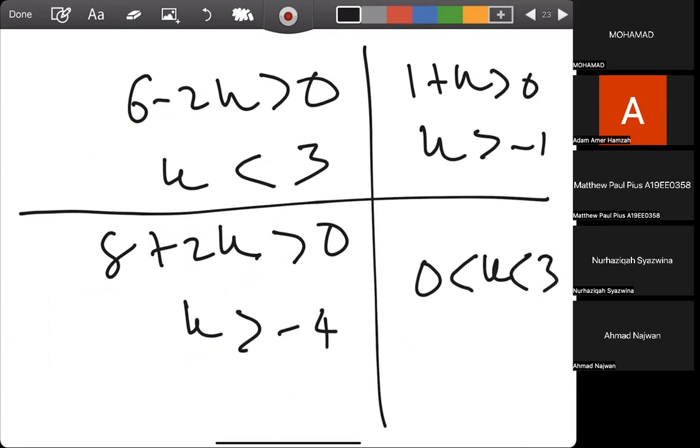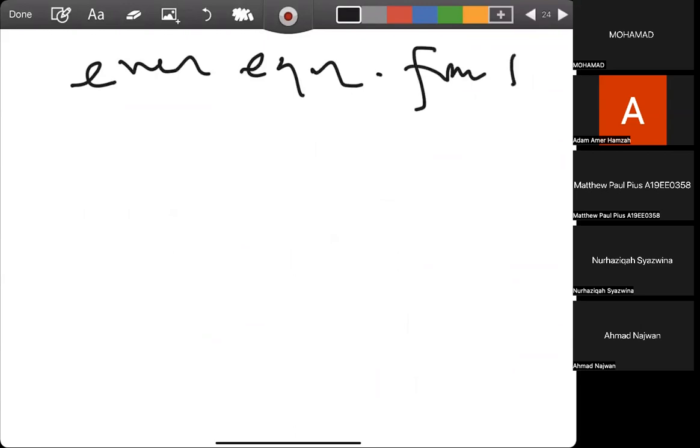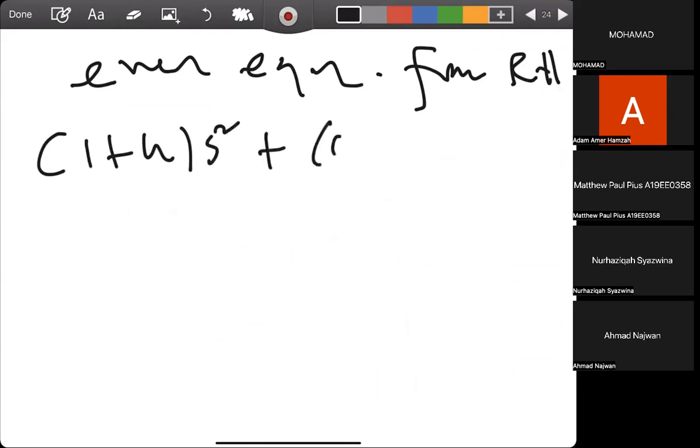So this is the k critical, equal to 3. So what is the omega critical? So we have to find the auxiliary equation from Routh-Hurwitz, which is (1 plus k) s square plus (8 plus 2k) equal to 0.